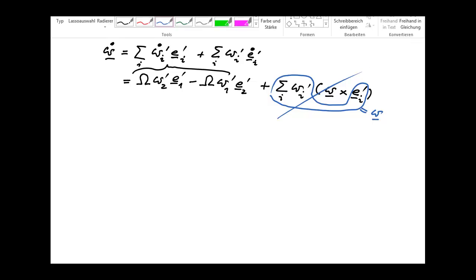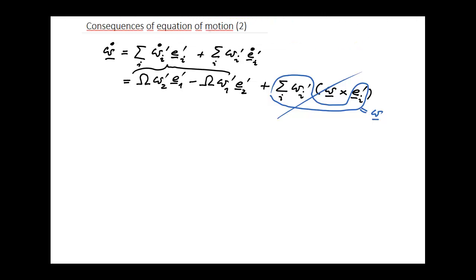As for the term that remains, I'd like to make the following side calculation. We have omega in components, it's omega 1 primed, E1 primed, plus omega 2 prime, E2 prime, plus omega 3 prime, E3 prime. If we now calculate E3 prime vector product with omega, what do we get? We have then E3 prime vector product with E1 prime.